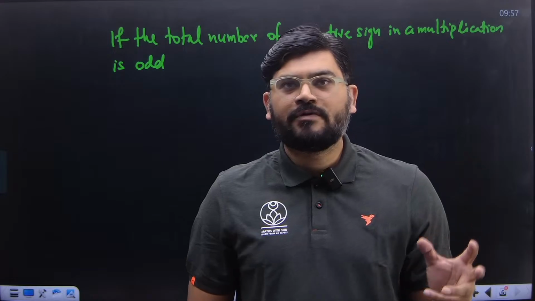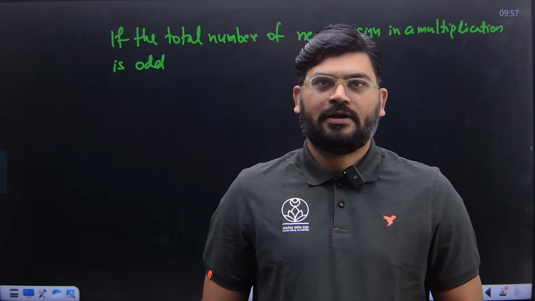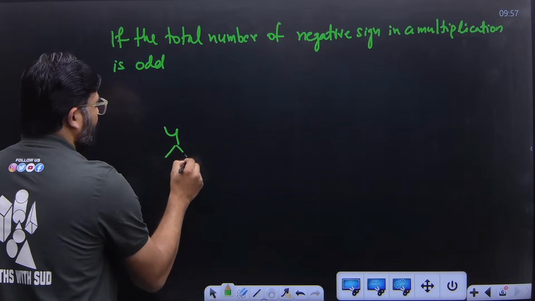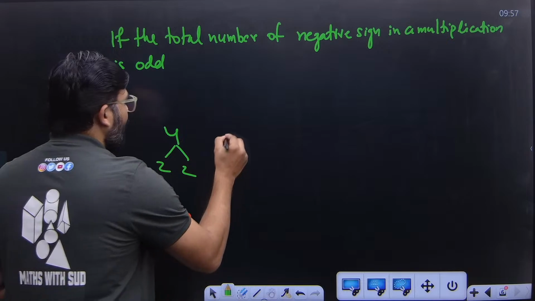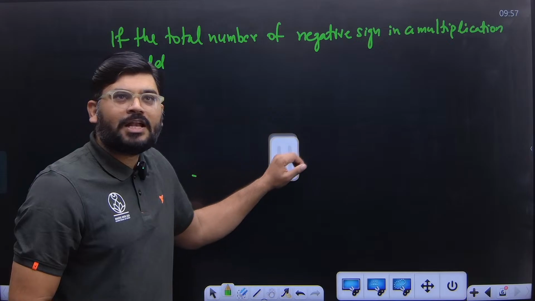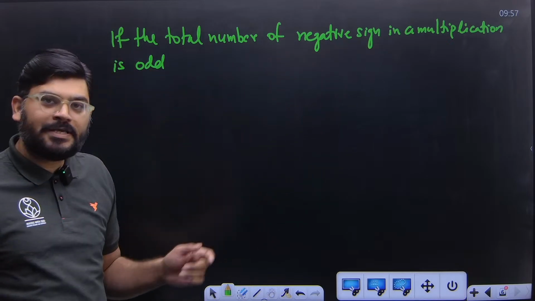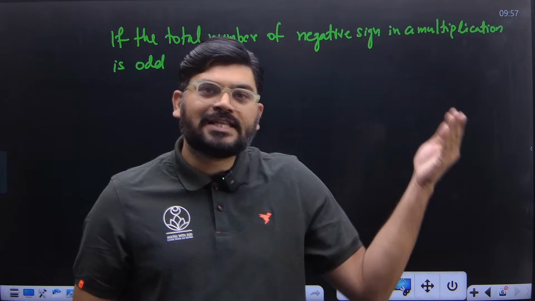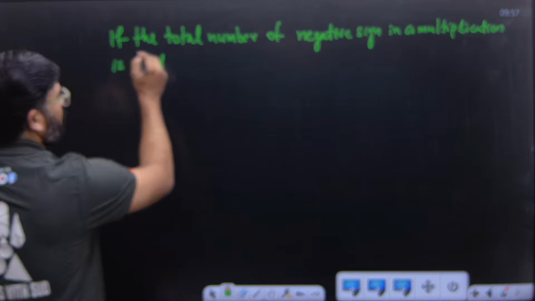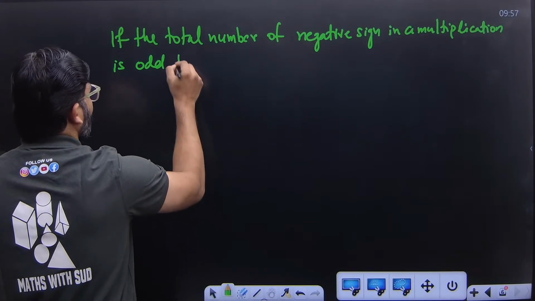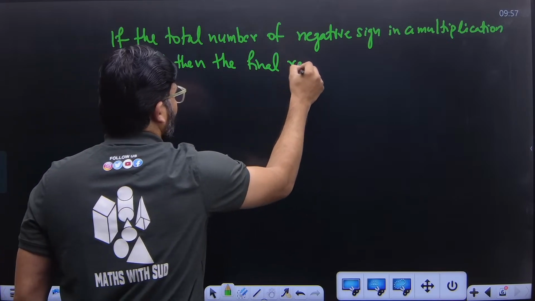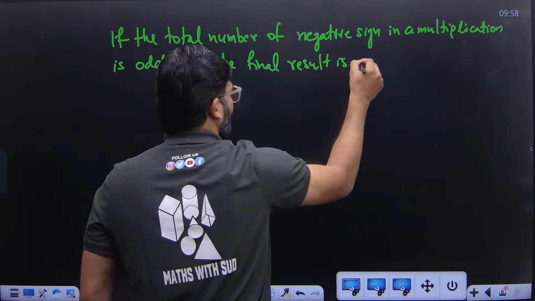A number which forms a pair, for example, you can make a pair of 4 as 2 and 2, or 3 and 3. So these are even numbers. But if the number of negative signs in the multiplication is odd, means either they are 1 or 3 or 7 or 9, for whom the pairs cannot be made, then the final result is negative.